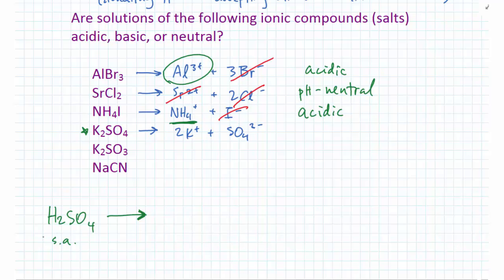It's just strong for the first one. So HSO4 minus would be the first step, a forward arrow. Every sulfuric acid will produce HSO4 minus after it gives away a proton. But after that, it's an equilibrium.